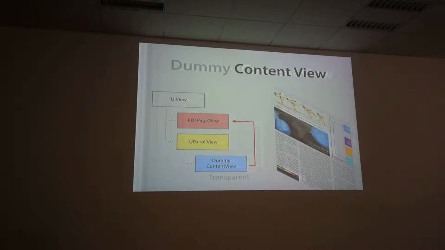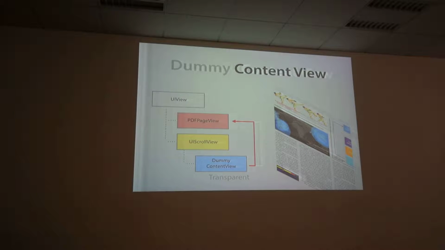First of all, you are not going to place your content view right inside of your UIScrollView. Instead, place the content view behind your ScrollView, then place a dummy content view as a subview of the ScrollView. Then make sure both the UIScrollView and the dummy content view background colors are transparent.